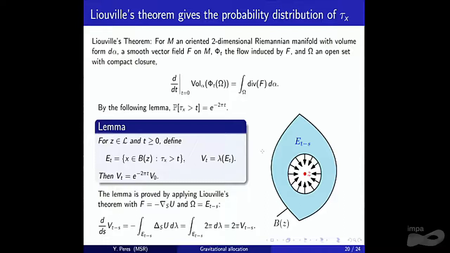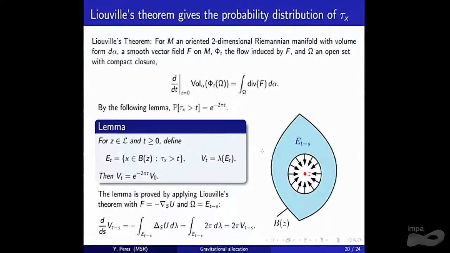So remember, our force is minus the spherical gradient of u, and we look at the set E_t, which are the points that are swallowed after time t. Note that this set doesn't include the singularity, so on this set, the flow is completely smooth.